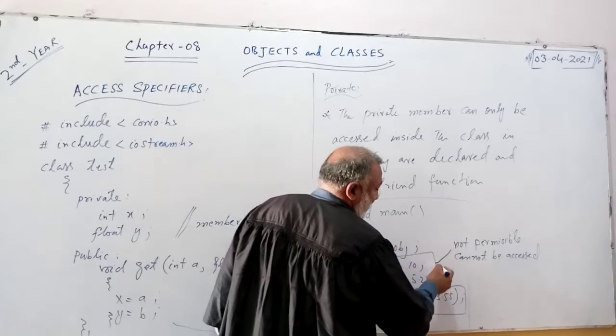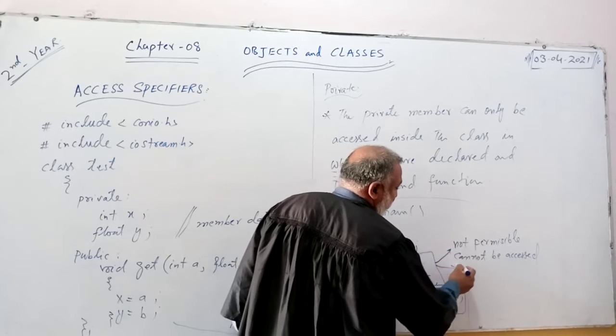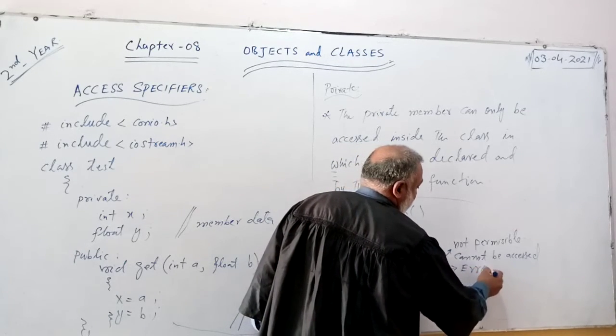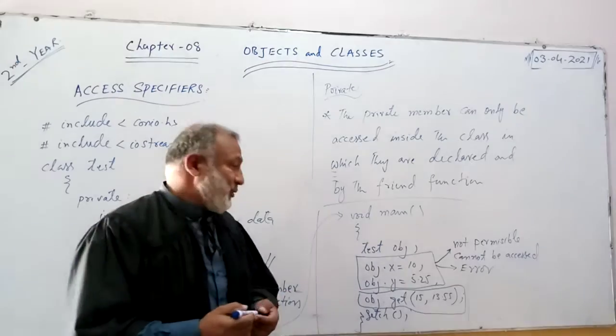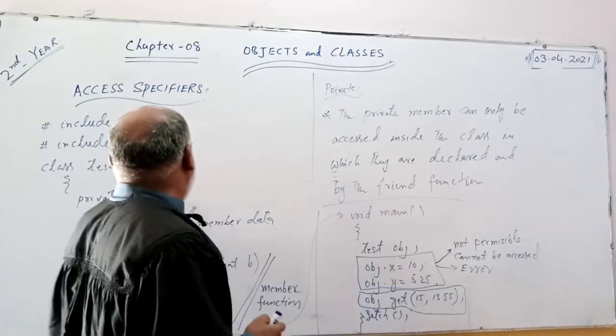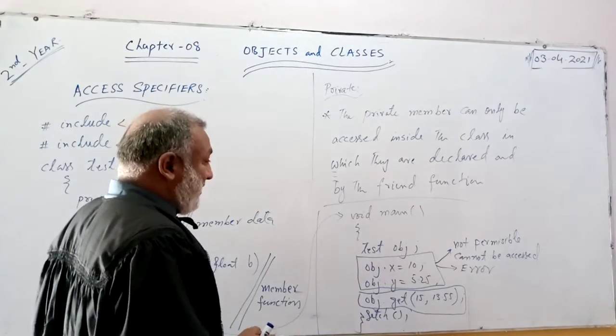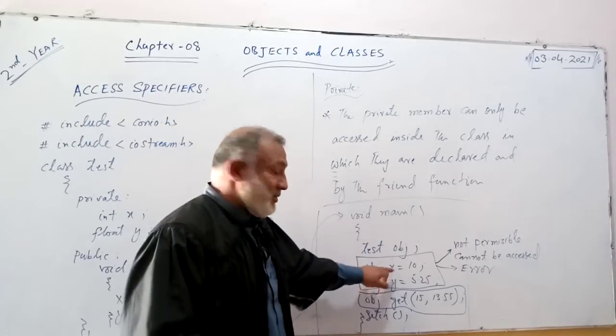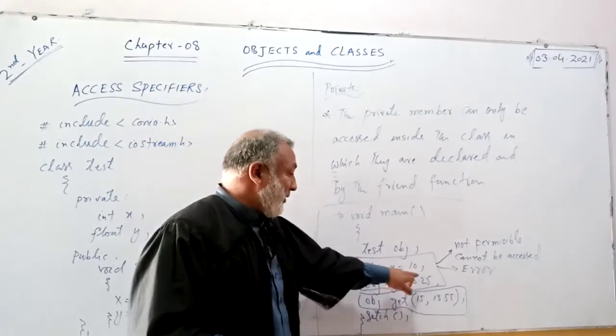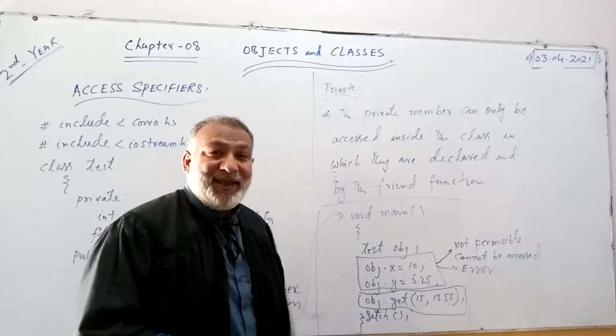So you will get an error. Here you are trying to access the private member data of the class because they are already declared private. When you want to access them with the help of an object, it will give you an error message.